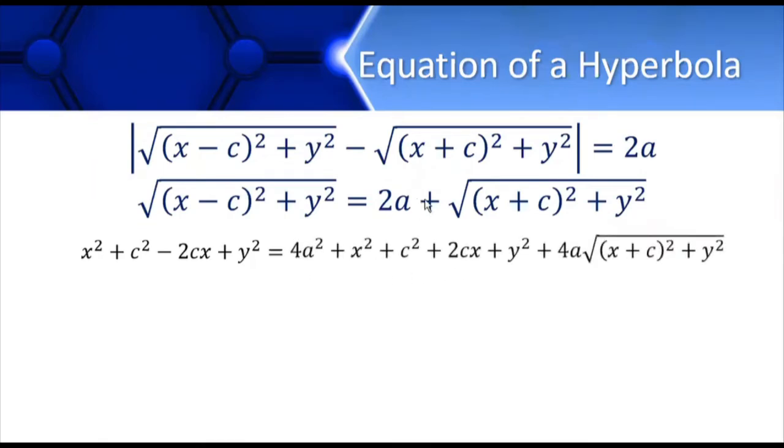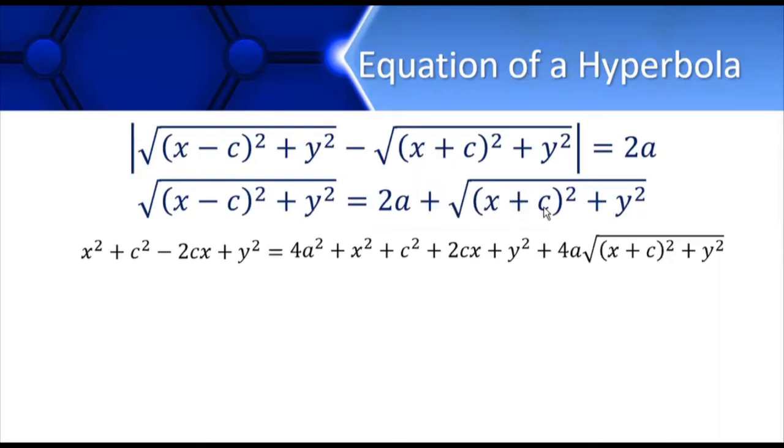So, 4a square, square of 2a, plus, pag in-square mo itong may radical sign, ma-eliminate yung radical sign. Then, pwede na rin nating simplify itong radicand. Okay, so square ng x plus c, meron tayong x square plus c square plus 2cx. Okay, para doon sa squaring binomial. Then bring down y square.